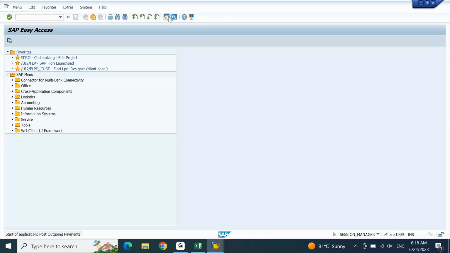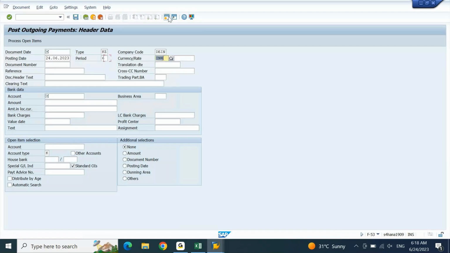F-53. Let me pass the payment with the current date. I'll put residual payment 1. I'll take this bank account. First amount is 20,000.